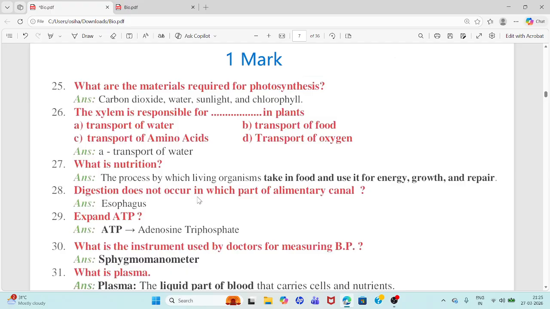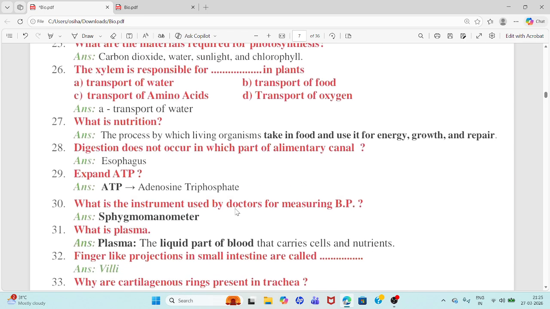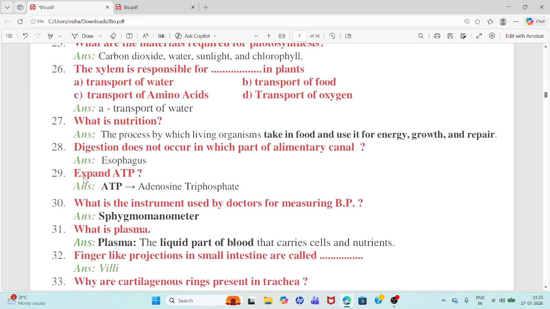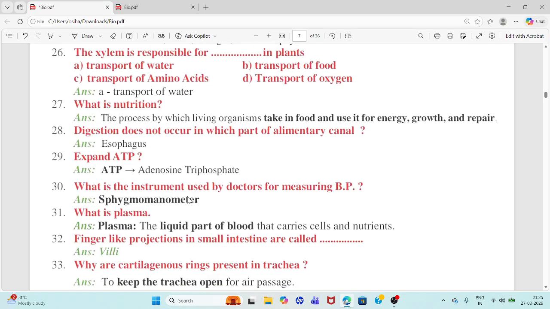Next, digestion does not occur in which part of the alimentary canal? Answer: esophagus. Expand ATP: adenosine triphosphate.